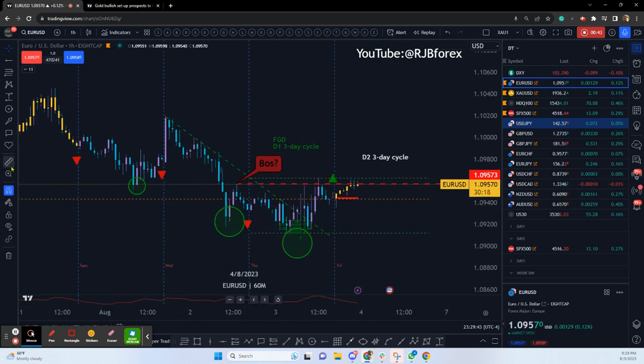So we are now looking for longs down low. We'd like to see pushes into the low.